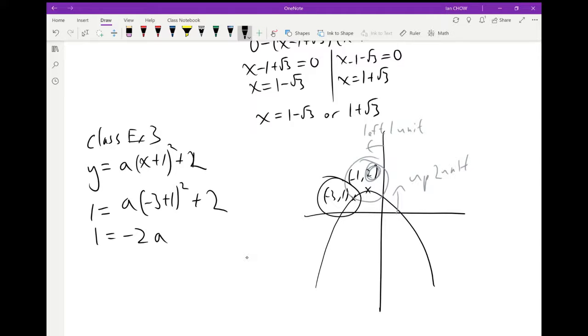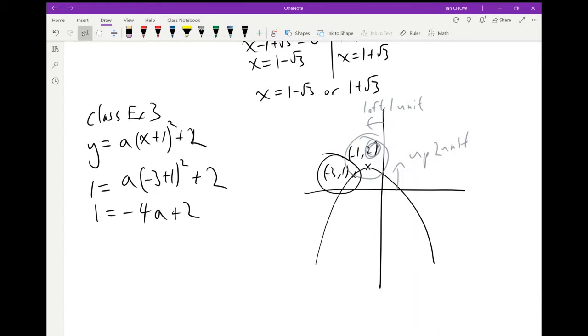Negative 2 squared is 4, so 1 equals 4a plus 2. After you square it, the negative goes away, sorry. And then we have to solve for a, so we have negative 1 equals 4a, which means that a is equal to negative 1 over 4.